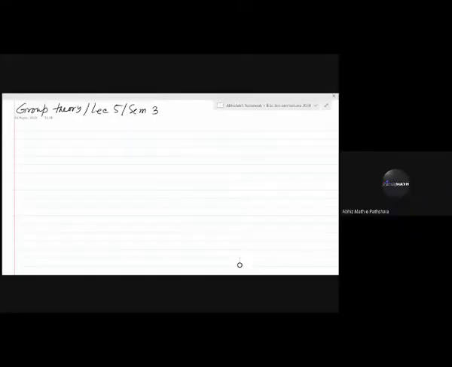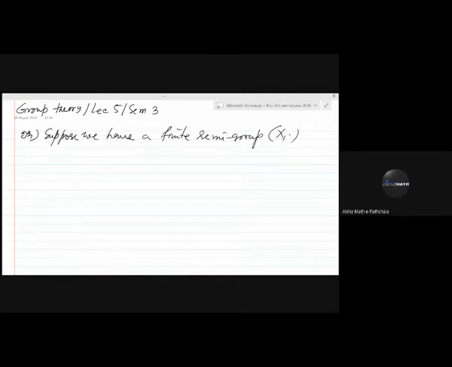So let us write the theorem again. Suppose we have a finite semigroup (X, ·) satisfying both cancellation laws.